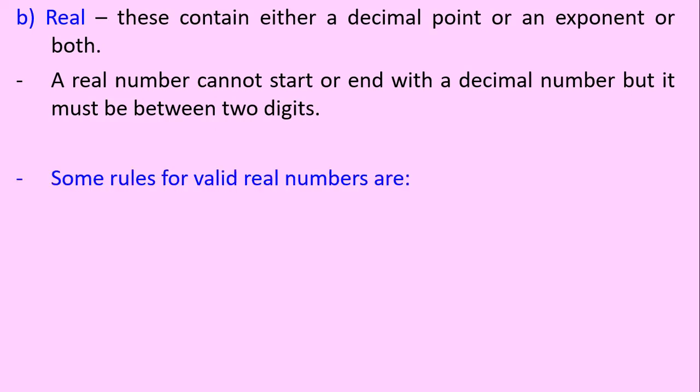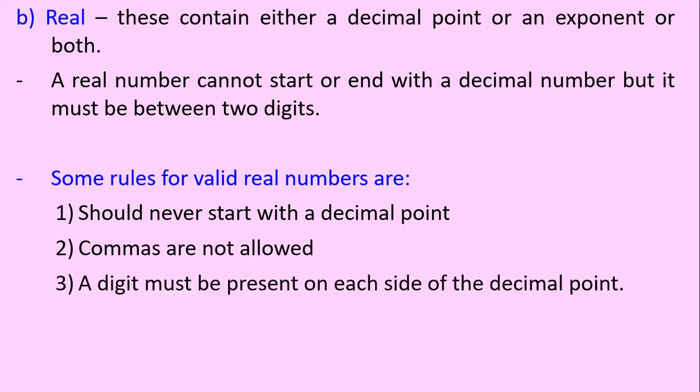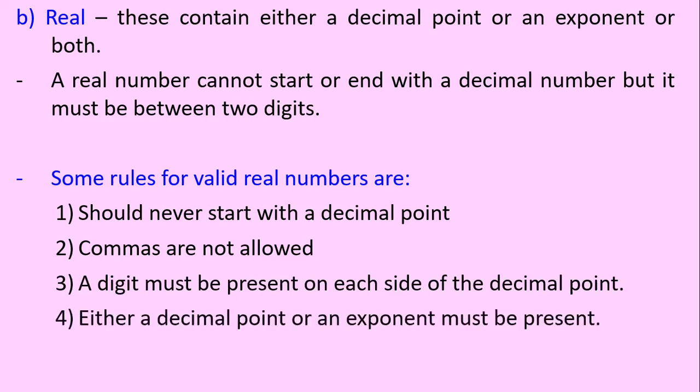Some of the rules to be observed when writing real numbers in Pascal are: number 1, you should never start with a decimal point. Secondly, commas are not allowed. Number 3, a digit must be present on each side of the decimal point. Number 4, either a decimal point or an exponent must be present.